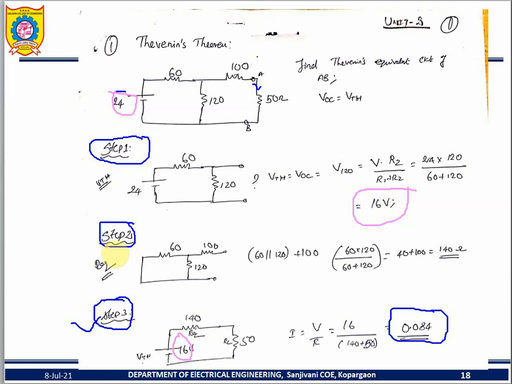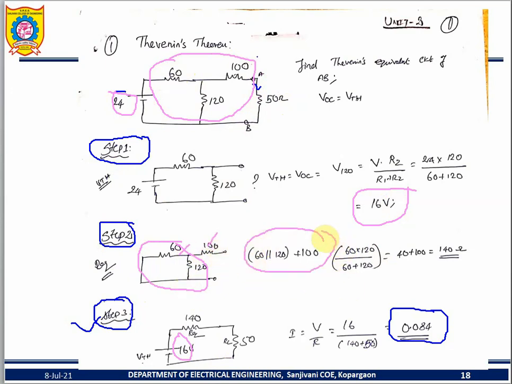Step number 2: these 3 resistances are drawn here. The supply is closed and this load point is open. These 3 resistances are simplified. How is it simplified? These 2 are connected in parallel, and this one and that one are connected in series.